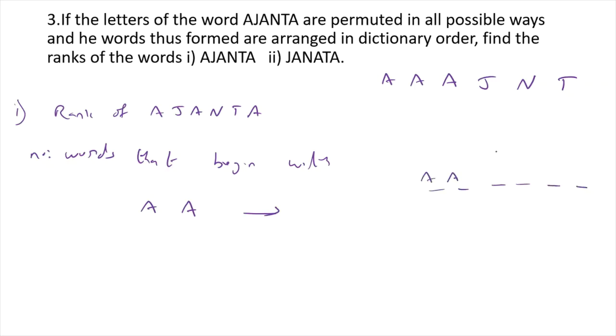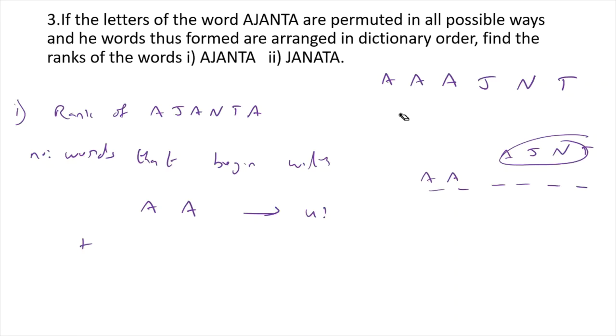I can fill these 4 blanks using 1 A, 1 J, 1 N and 1 T. So these 4 letters can be filled in these 4 blanks in 4 factorial ways. So number of words that begin with double A is 4 factorial plus number of words that begin with triple A. But all the words that begin with triple A are a subset of all the words that begin with double A.